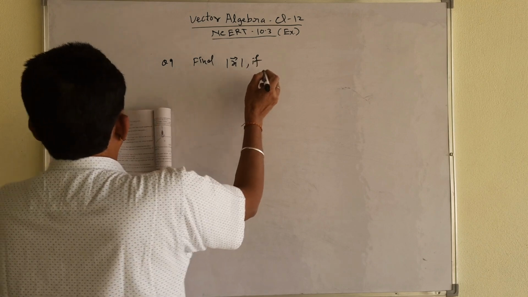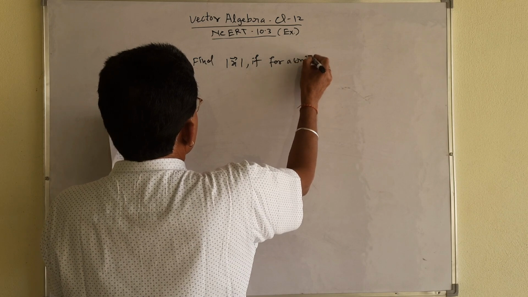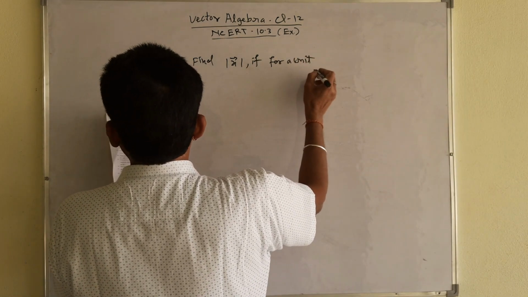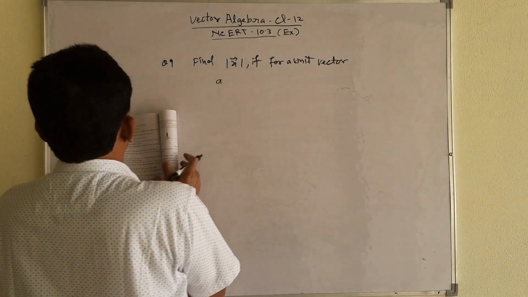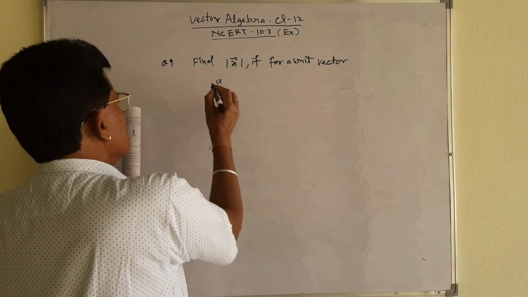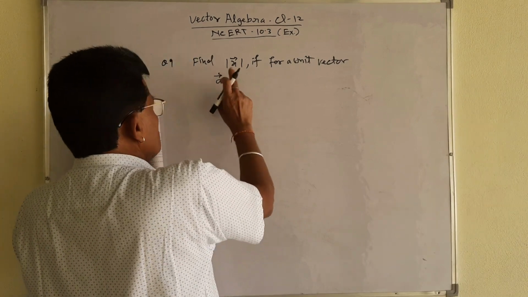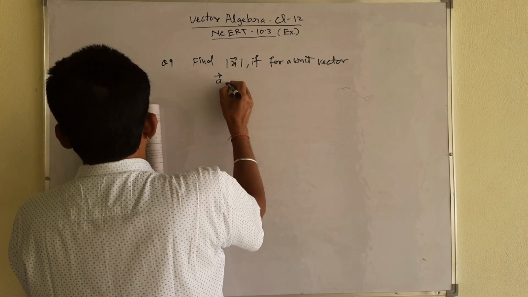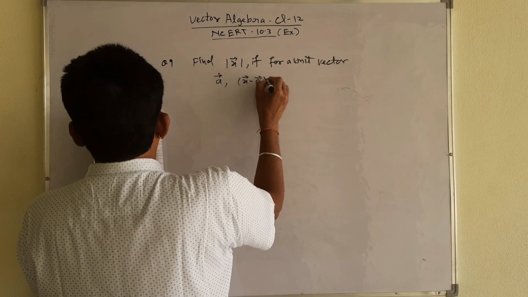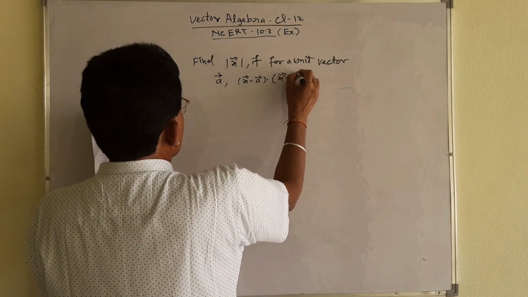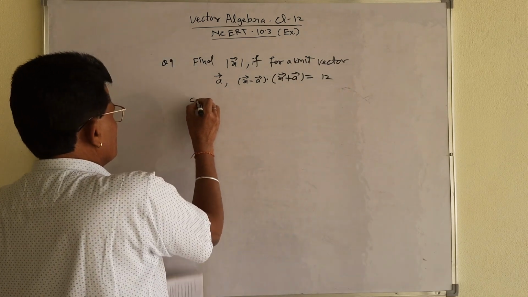If, from the sample paper, for a unit vector A, this is a unit vector, my dear student, you will have to find out its value, or another value is given: vector X minus vector A, dot product with vector X plus vector A, its dot product is 12. Let me take the solution.